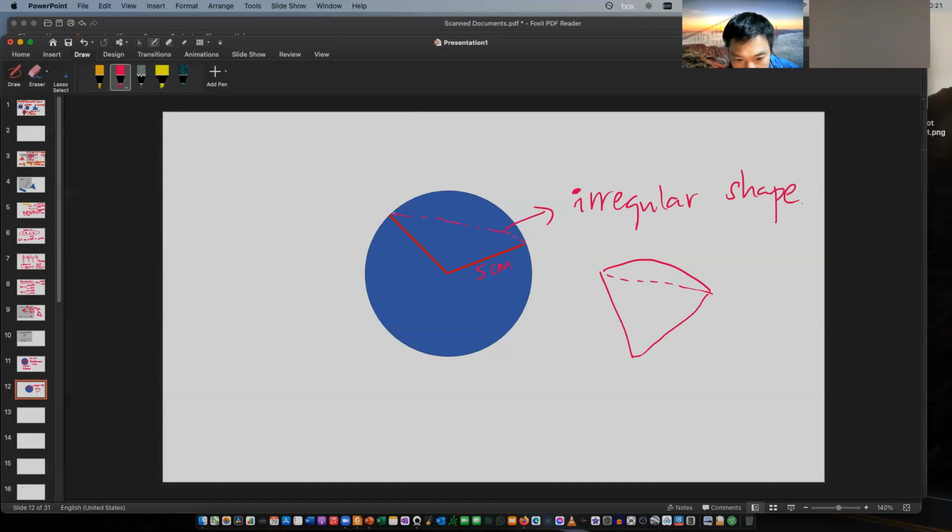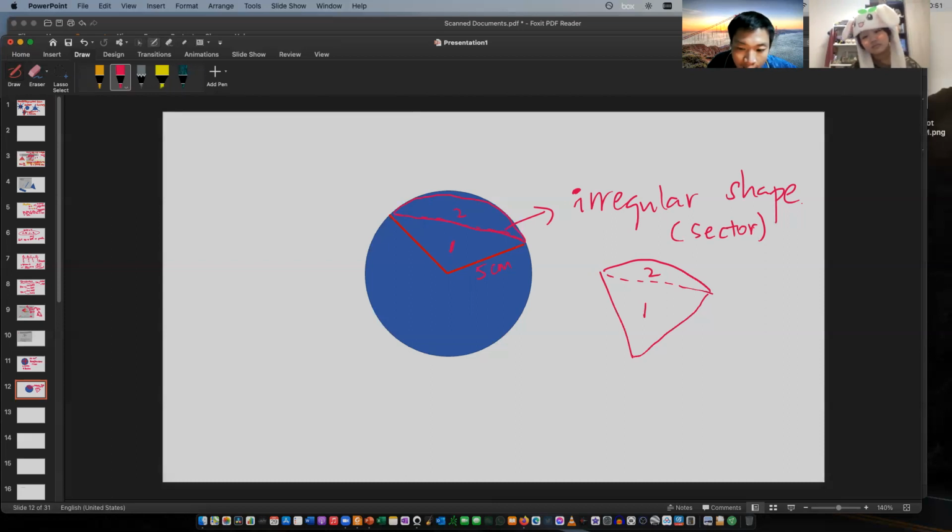So basically, you have a triangle here, and then you have this region 2. Region 1 and 2 give you this irregular shape. There is a name for it. It's called a sector, or it looks like a pizza slice to me.